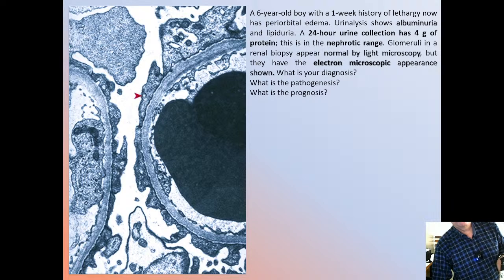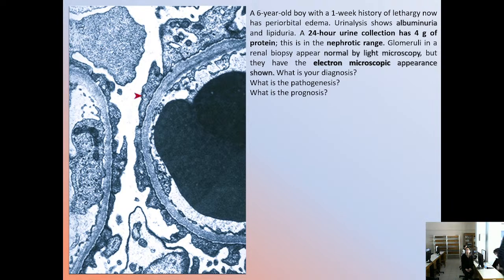So, tell me, are there any immune deposits in this electron photograph? You remember how the immune deposits look? They are like dark humps in the post-infectious or more irregular. Are there any immune deposits here? What do you think? Because I don't see anything.